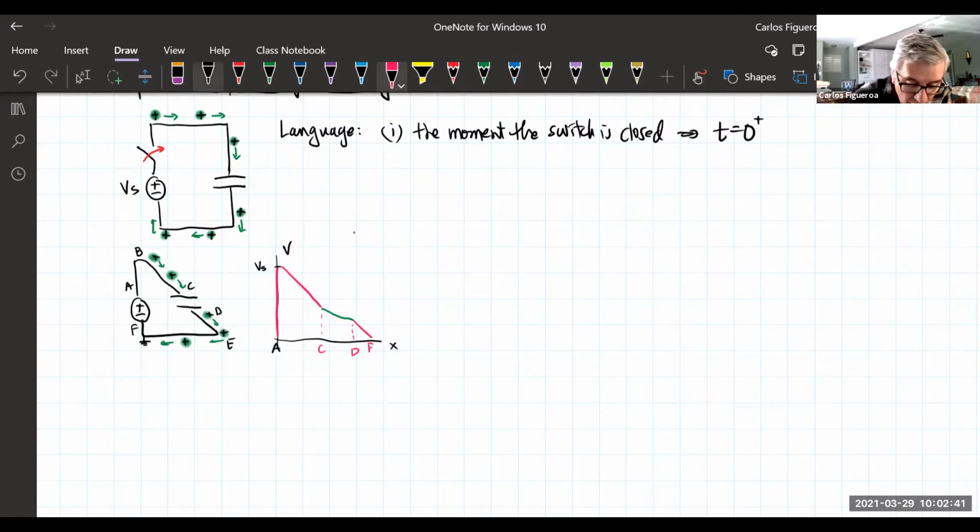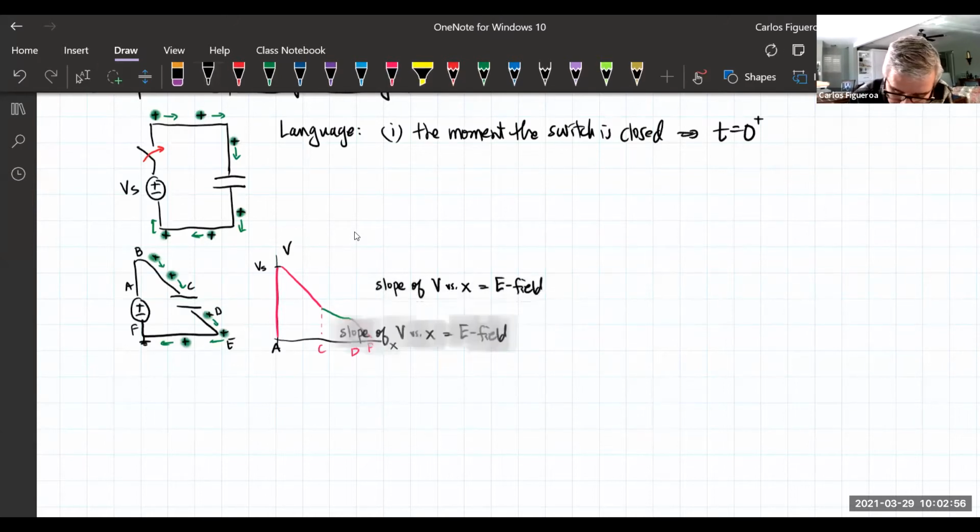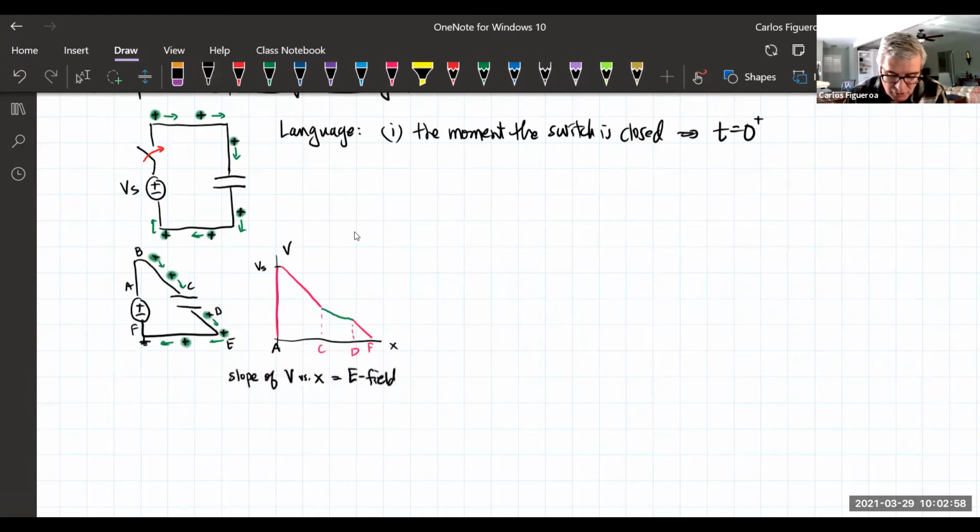And remember, what you're seeing here is that the slope of V versus X is equal to the electric field. So I should bring this down here. So you have something that looks like this.